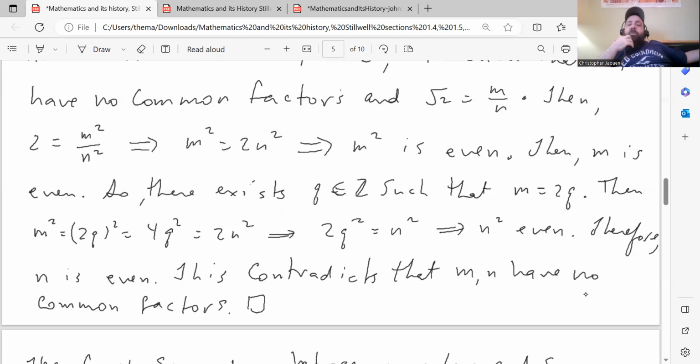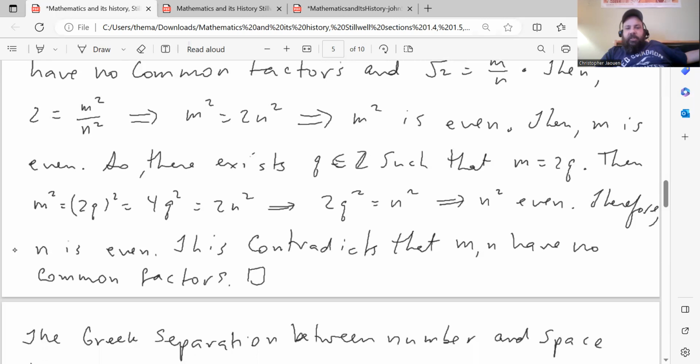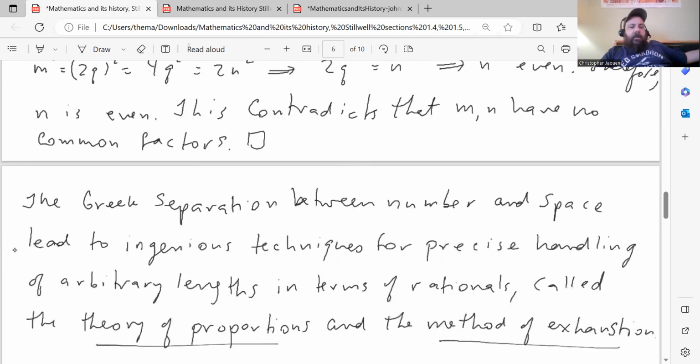So square root 2, the diagonal of the unit square, is incommensurable, or in other words, square root 2 is irrational, right? And like I said, this led to profound worry in the ancient Greeks who studied mathematics.